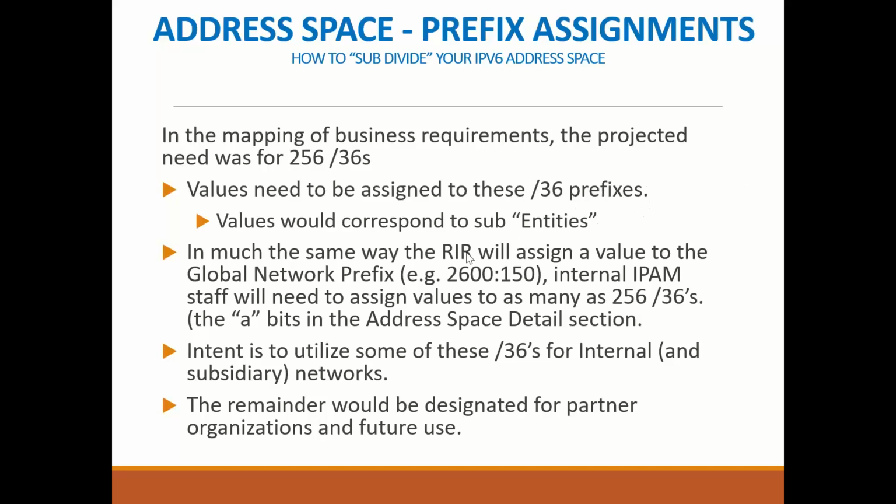You might have multiple internal networks, and for your subsidiary divisions or anything else that you decided to define as an addressable entity in your IPv6 space. We also want to have room for any partner organizations and future use. So what the heck does that mean? I think at our next page, we have an example.